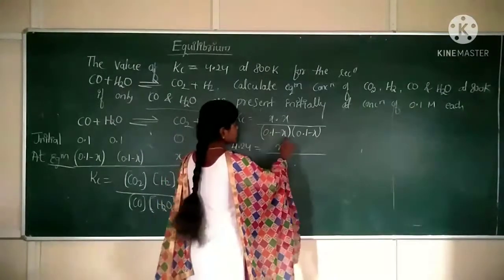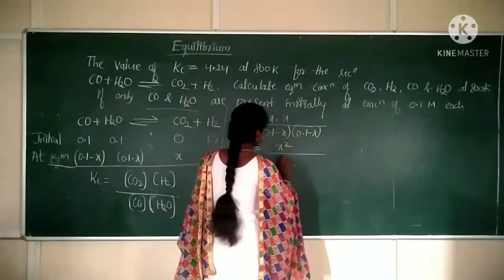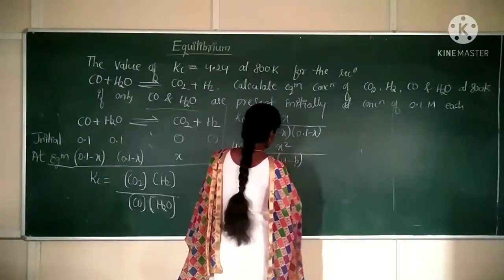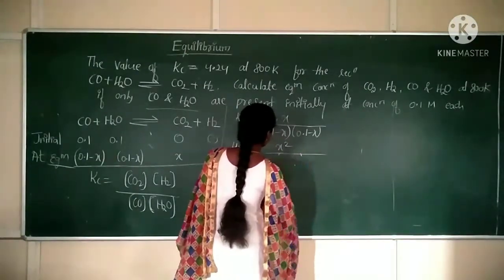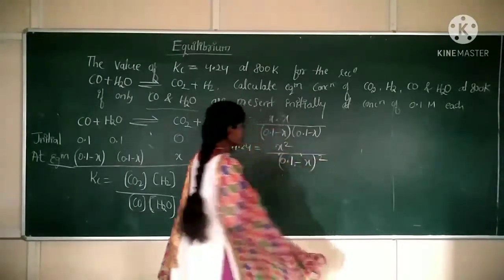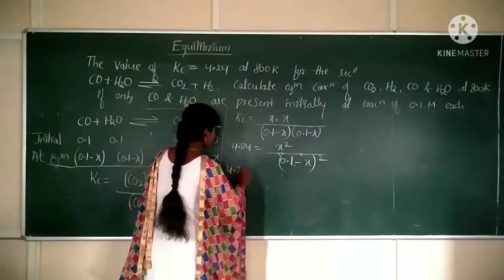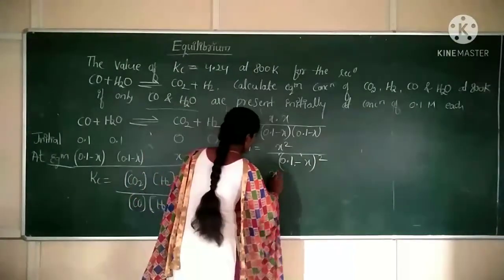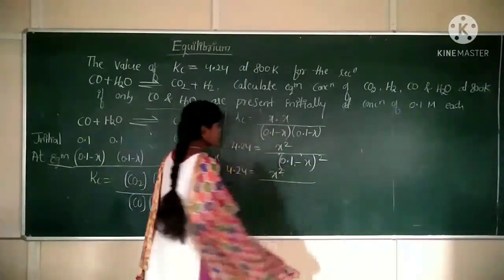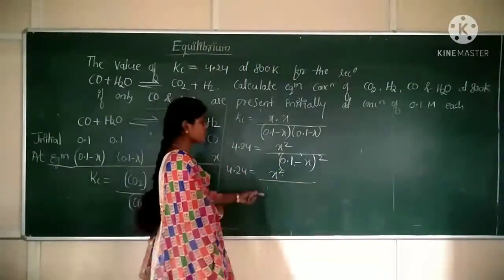It means (a minus b) into (a minus b), correct? It will be (a minus b) whole square, or you can write (0.1 minus x) whole square. So 4.24 equals x square divided by (a minus b) whole square.